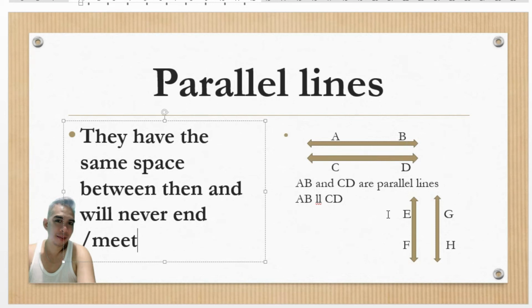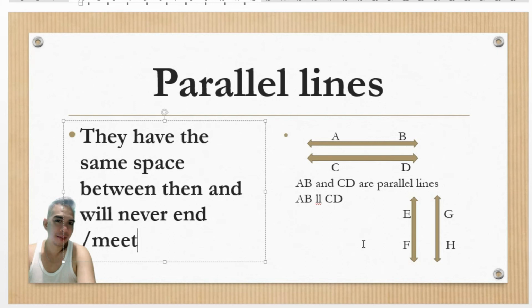So, another example, EF, then GH. So, kahit patayuin man natin yan, pahigain, paslanting po, basta same measurement, basta po yung dalawang line hindi po magkakadikit. So, they have a space na tinatawag. Kaya nga naman, ang parallel, they have the same space between them and will never meet, po, guys.